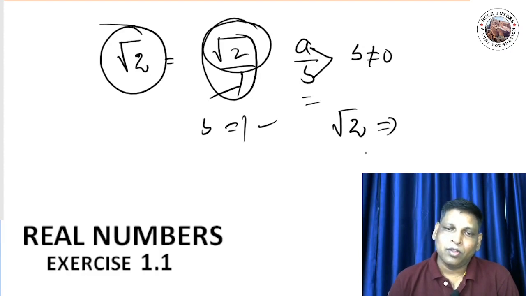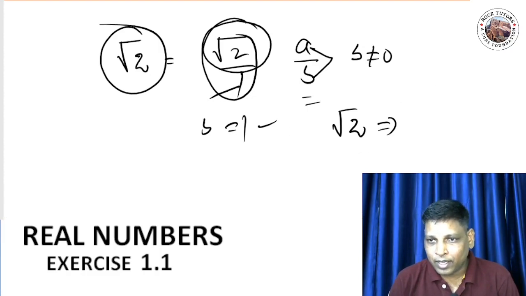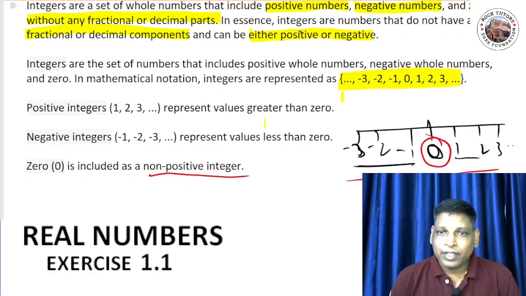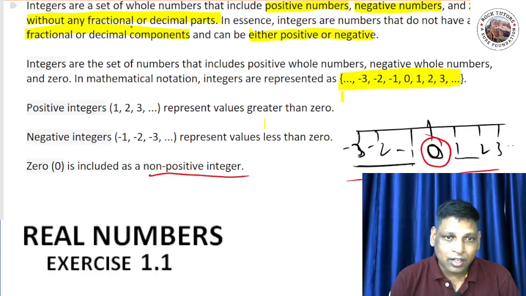No. We know the integer definition. So what is the integer definition? Once again I am going back to it. Integers are the positive numbers, negative numbers and 0 without any fractional or decimal part.